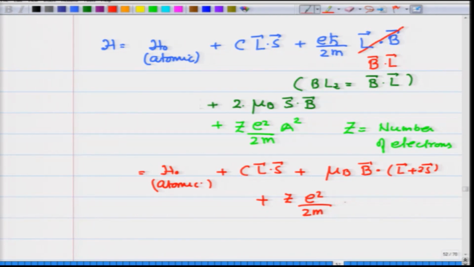A square now I can write as 1 over 4 times (x square plus y square) B square. These are all the terms in the Hamiltonian. Let us look at each term now.